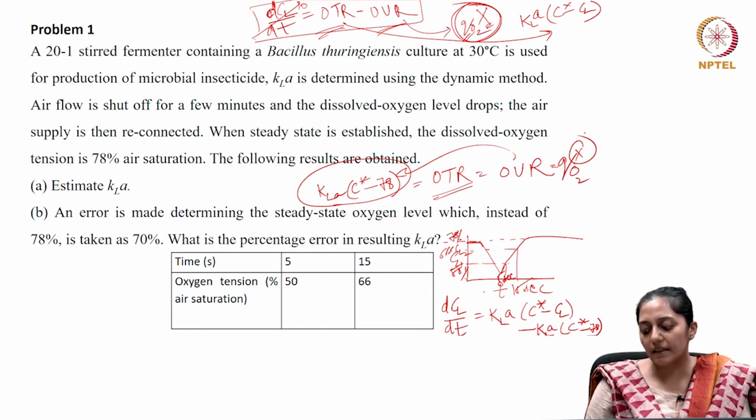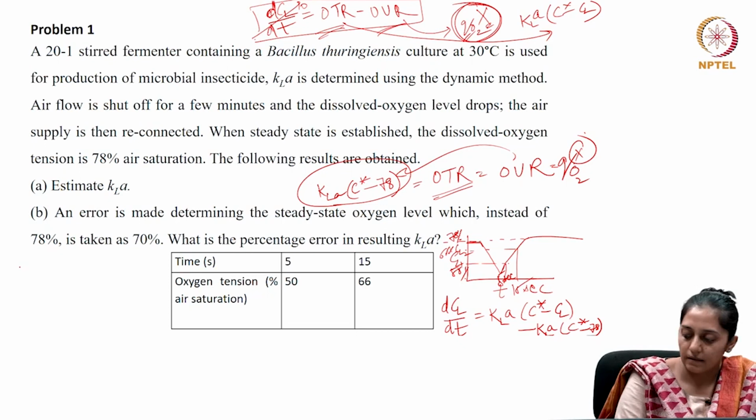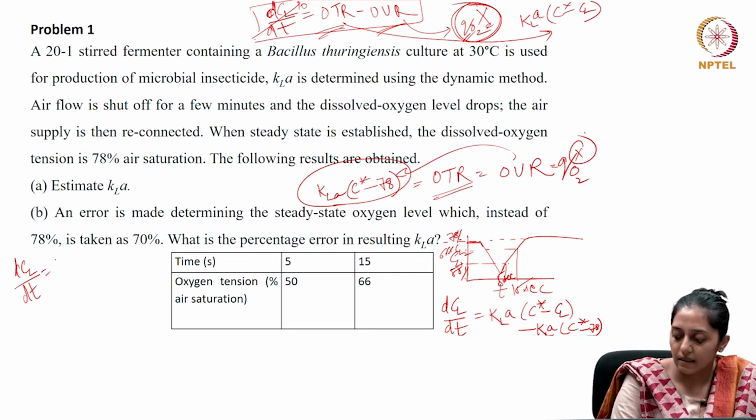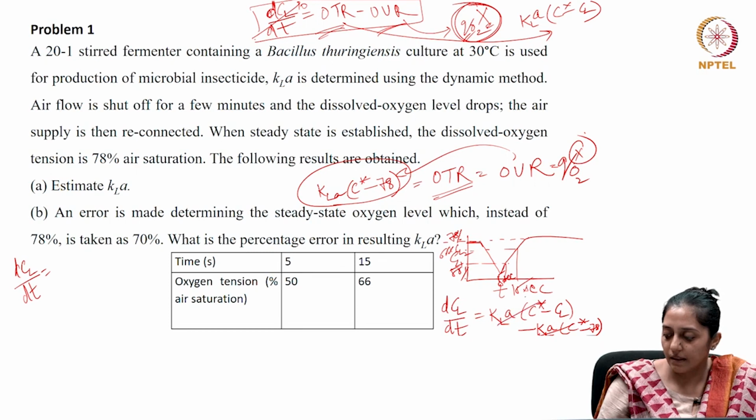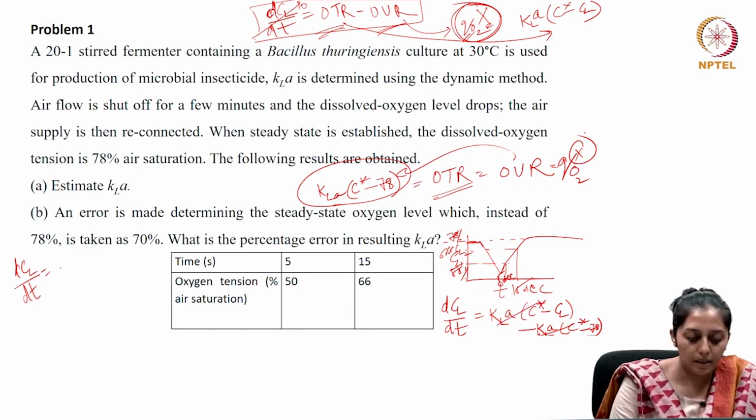Now, if we expand this, in turn the dCl by dt can be written as, so this term will get cancelled if you open up the brackets, and it will become KLa times 78 minus Cl.